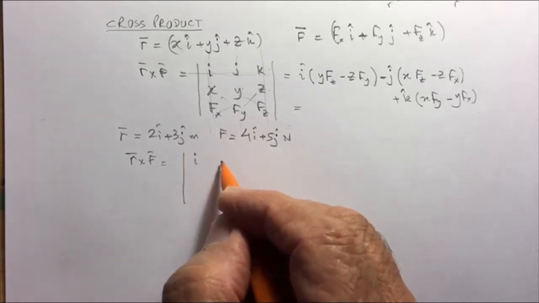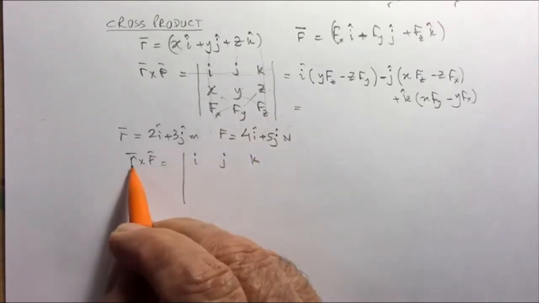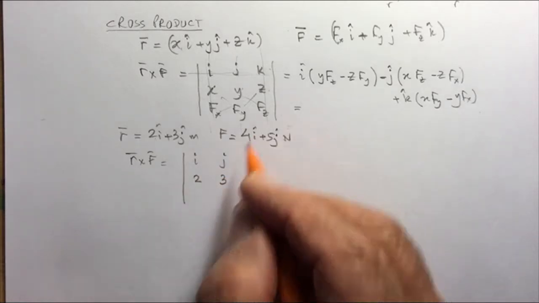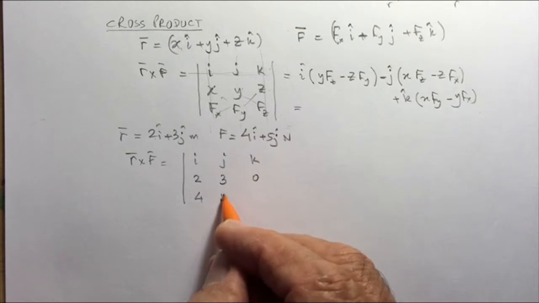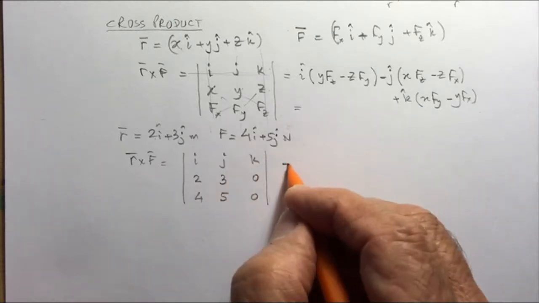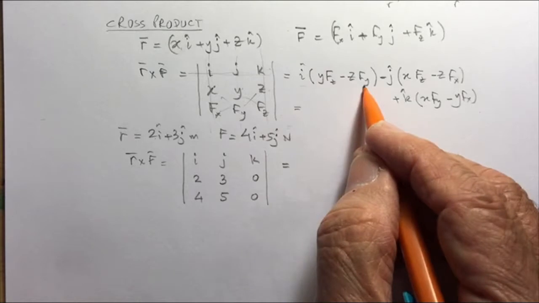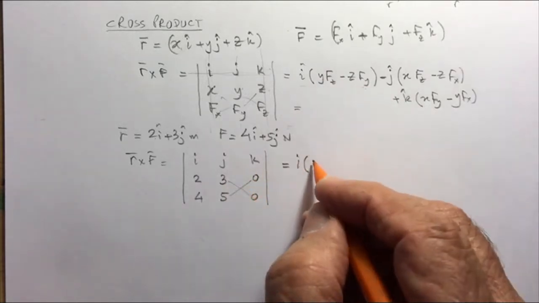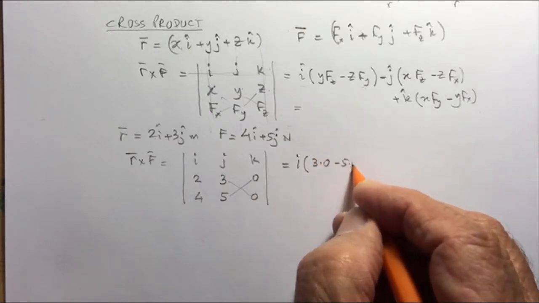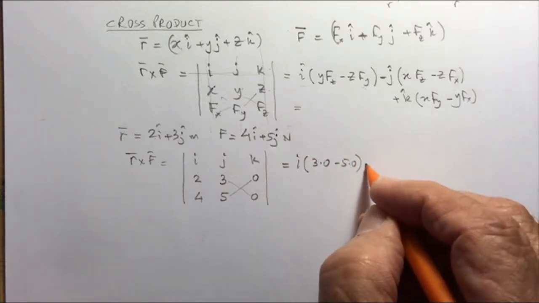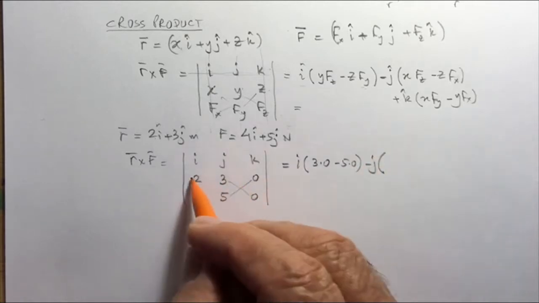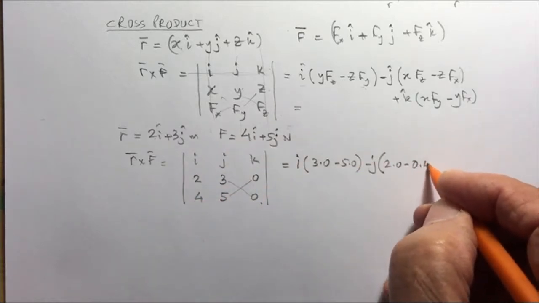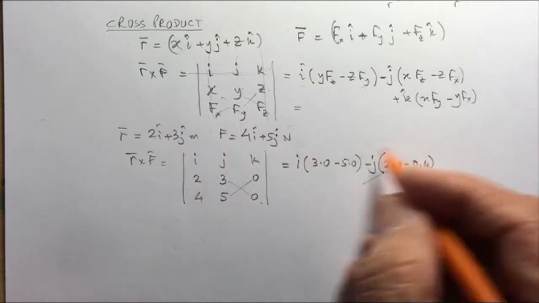We'll write the i, j, and k, and first the r, which is 2i, 3j, 0k, and this is 4i, 5j, 0k. So the first term is like this one, going to be i, it's going to be 3 times 0 minus 5 times 0, so it's just 0 minus 0, so it's going to be 0. The second term is going to be 2 times 0 minus 0 times 4, which is again going to be 0.